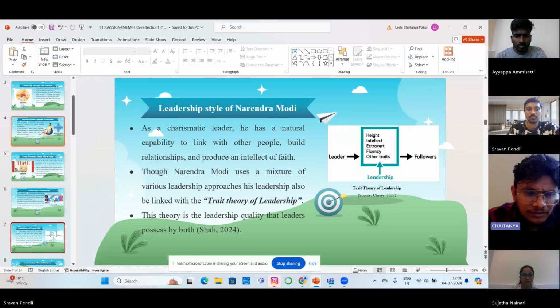Leadership style of Narendra Modi. The trait theory of leadership proposes that specific innate or inborn abilities and features make somebody a leader. These potentials might be personality factors, physical factors, intelligence factors, and many more.